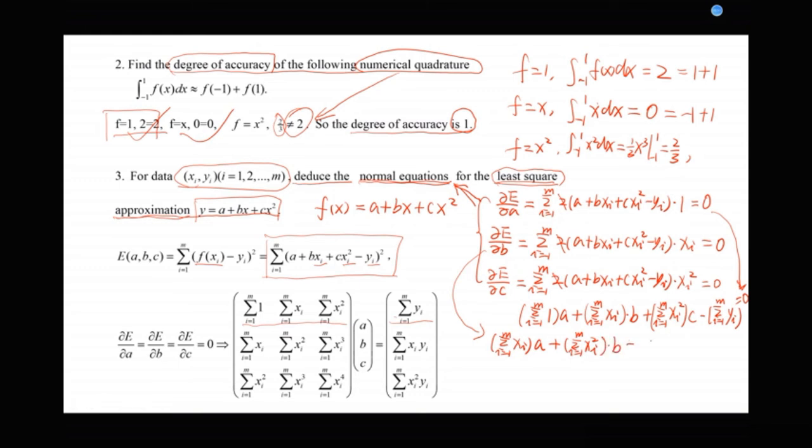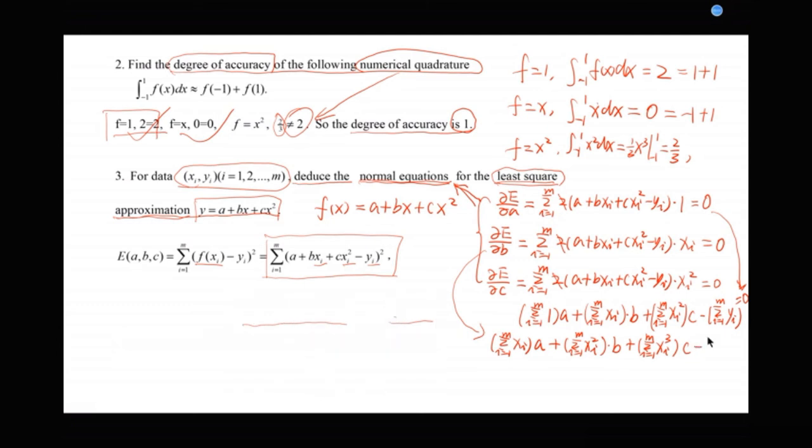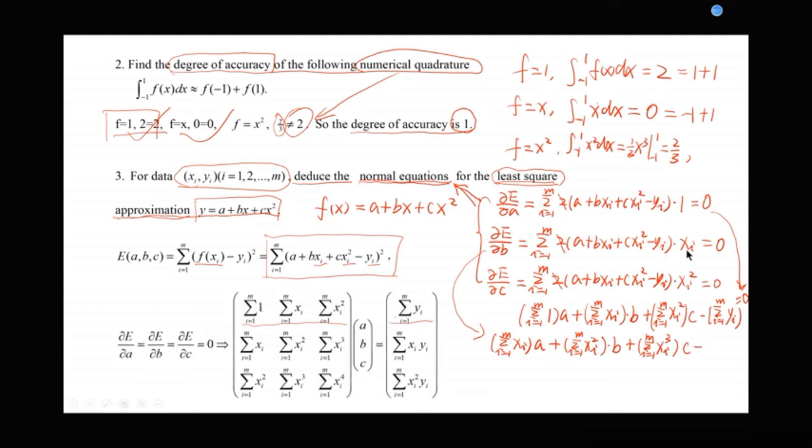And the summation of xi cubed, since xi squared multiplied by xi, multiplied by c. And minus yi multiplied by xi. So sigma i from 1 to m of xi yi equal to 0. Clear? This is the second equation.